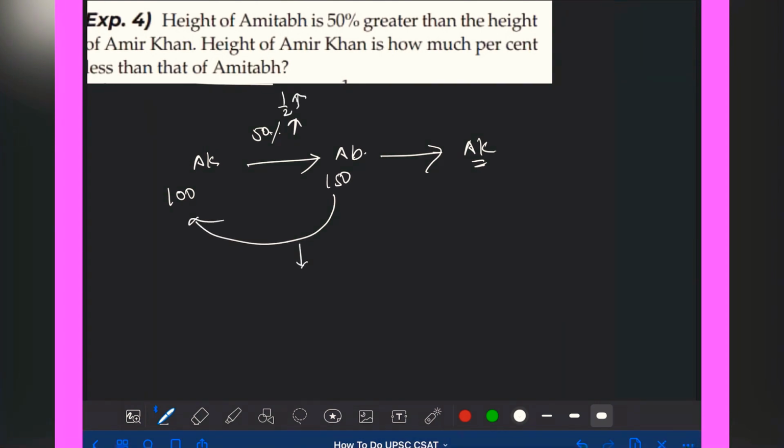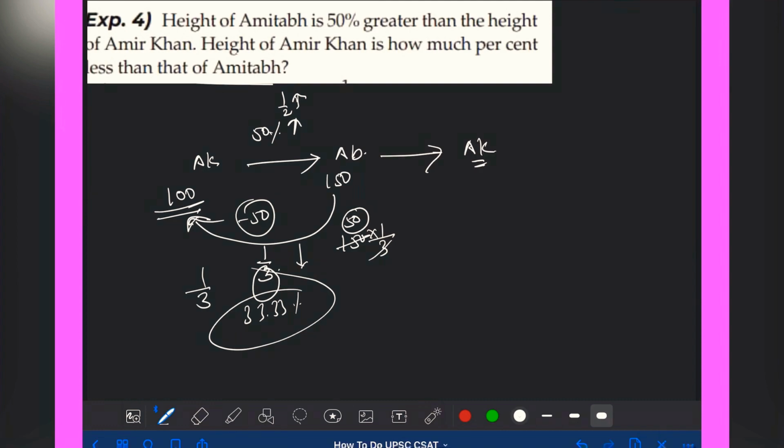Here we have to decrease. To decrease, we have to increase the denominator, and then it will decrease. So 150, we subtracted this. So that is how we came to 100, and that is a decrease of 1 by 3rd, meaning 33.33%.